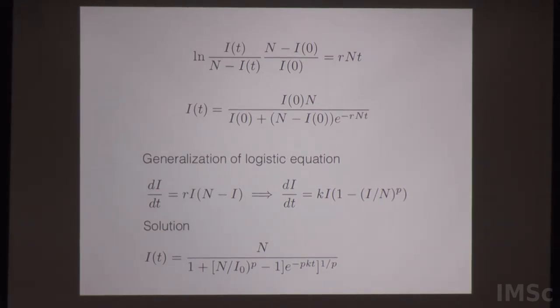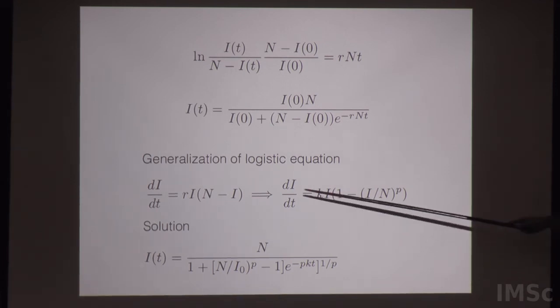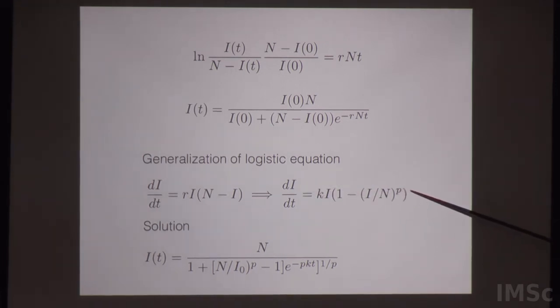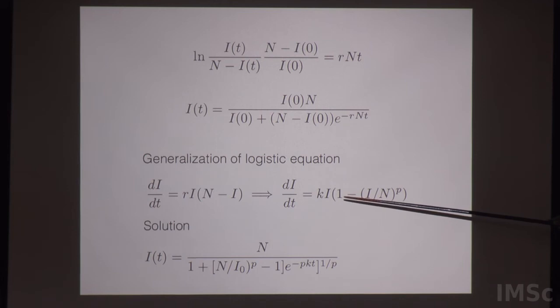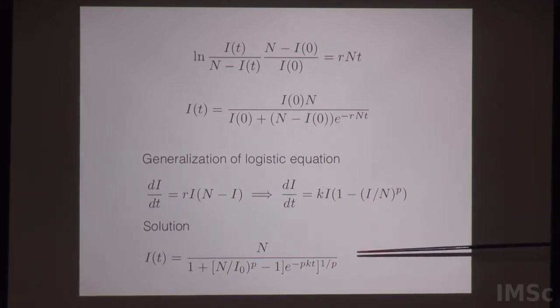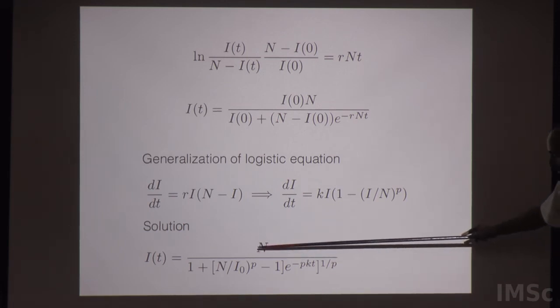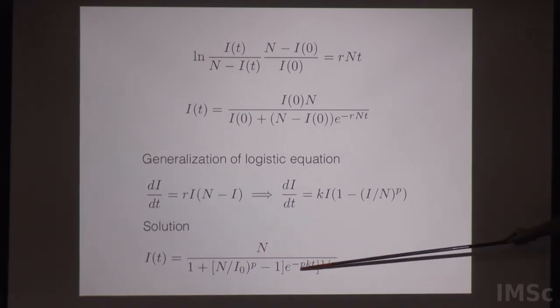Okay? I can make this equation a little bit more complicated, but instead of having I here, I have I divided by n to the power p. I can always pull the n factor out somewhere here and write this as kn. Yeah, that should be right. So, I of t now has this particular form, expression minus pkt whole raised to the power 1 over p.